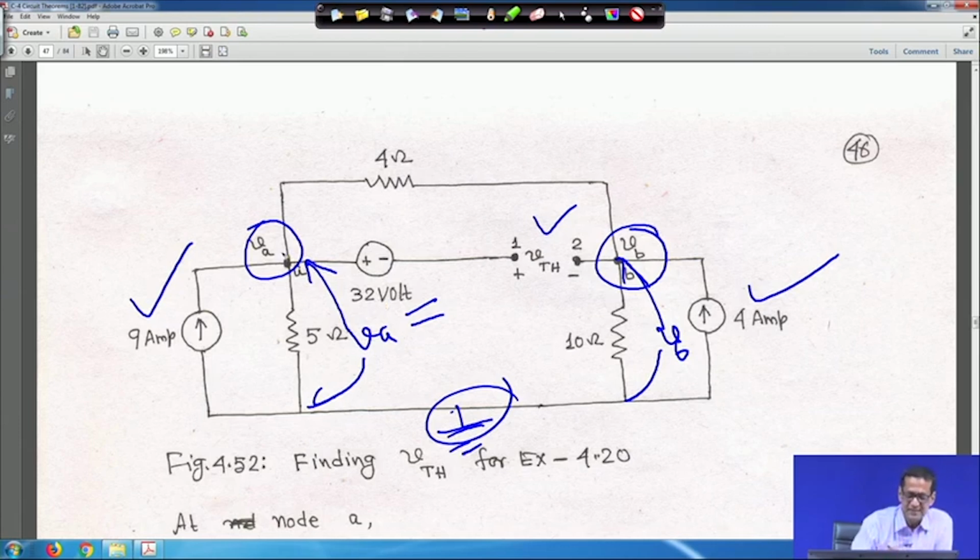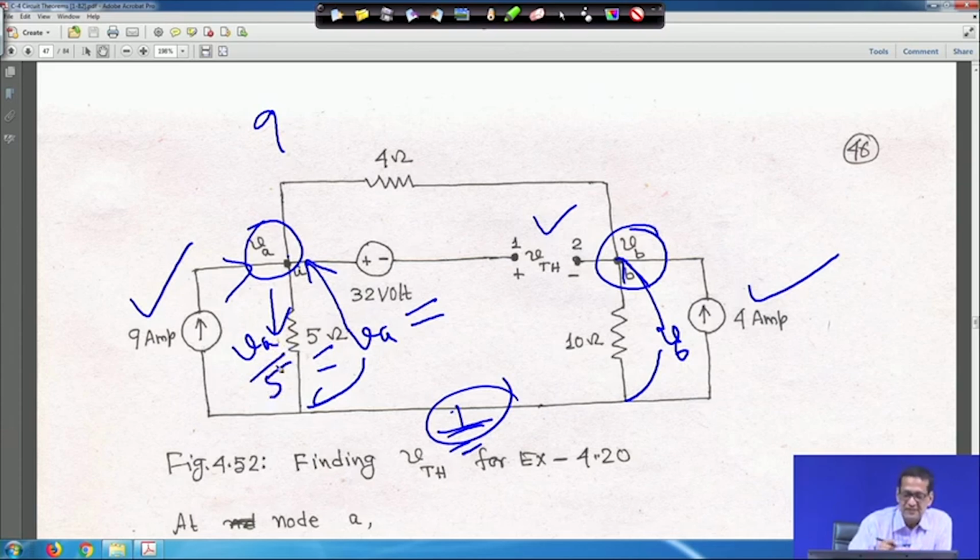If you apply KCL, this 9 ampere current is entering. Through the 5 ohm resistance, whose voltage is V A, the current leaving is V A by 5.